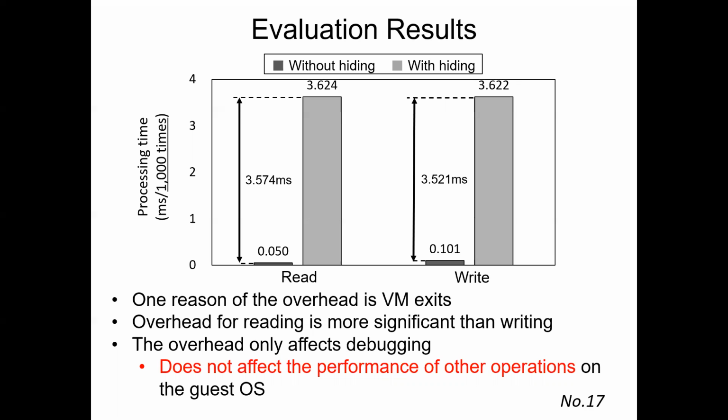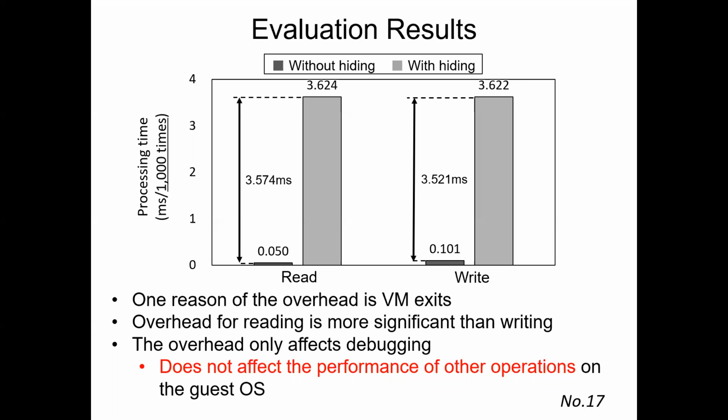One reason the overhead occurs is VM exits, owing to reading from or writing to debug registers. No VM exit occurs if our method is not applied. However, two VM exits occur with our proposed method.